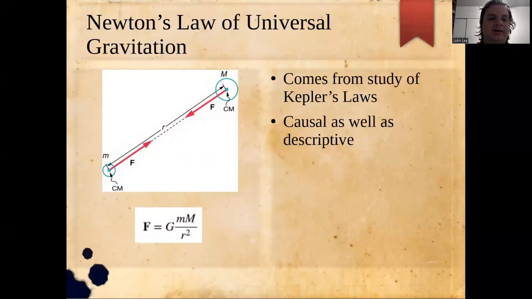So it's given on the left-hand side by the equation that the force of gravitation, the force connecting two objects, is equal to G, which is just a constant which converts the units from whatever they are into newtons, times mass of an object times mass of another object over r squared.